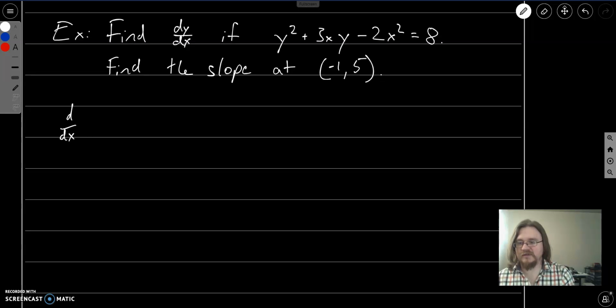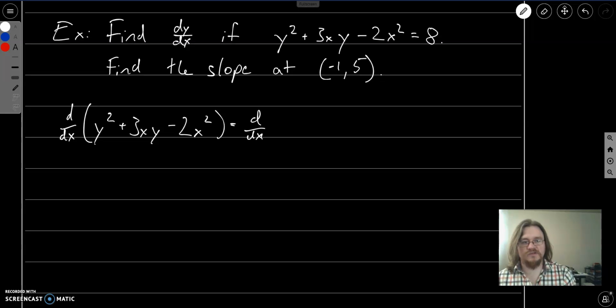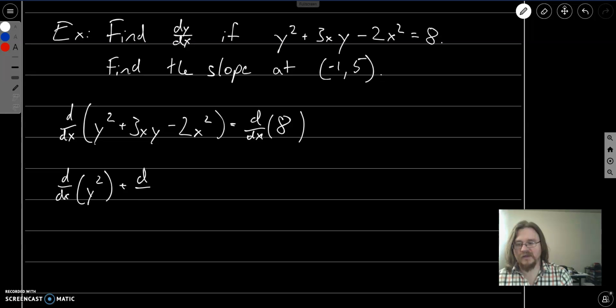So we've got d by dx of y squared plus 3xy minus 2x squared is equal to the derivative of 8. On the left-hand side, we've got some things being added and subtracted from one another. So what we do is we just take the derivative of each one individually.